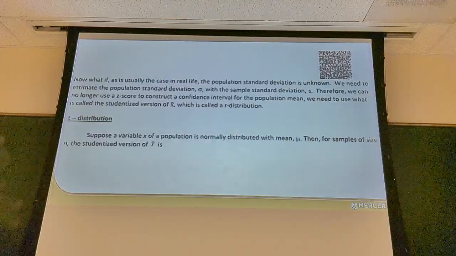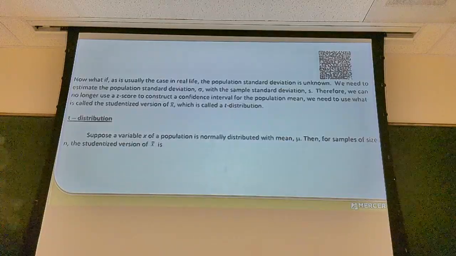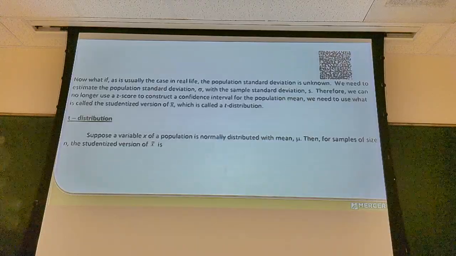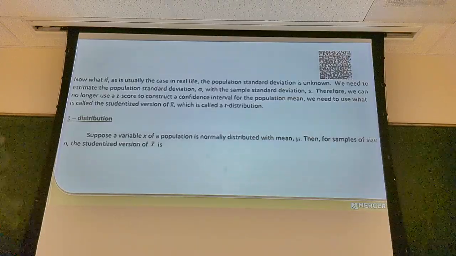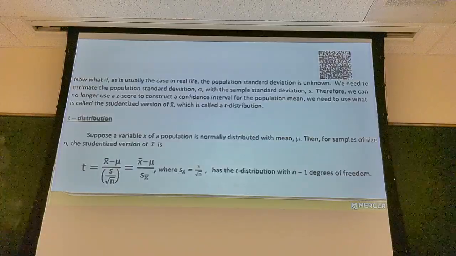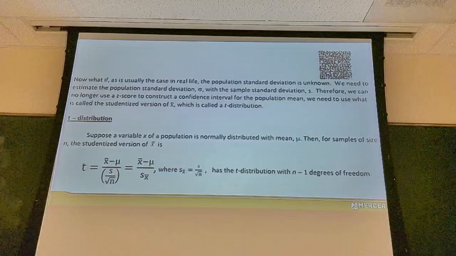Suppose variable x of a population is normally distributed with a mean mu. For samples of size n, the studentized version of x bar is x bar minus mu over s divided by root n.